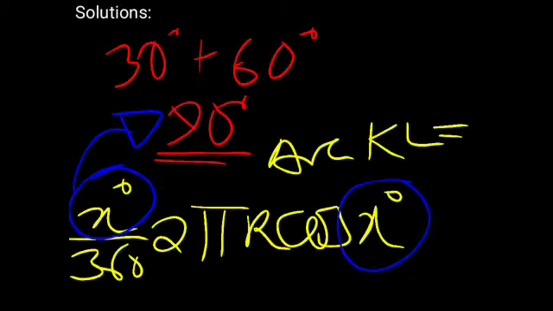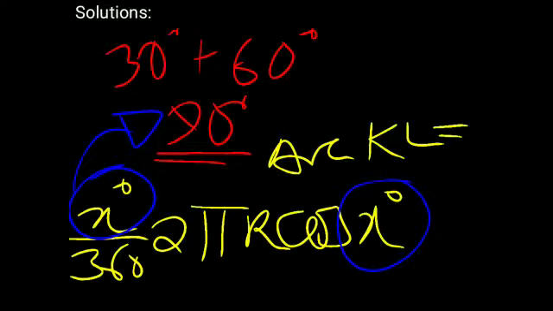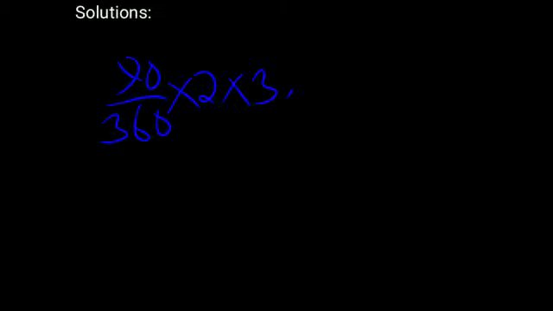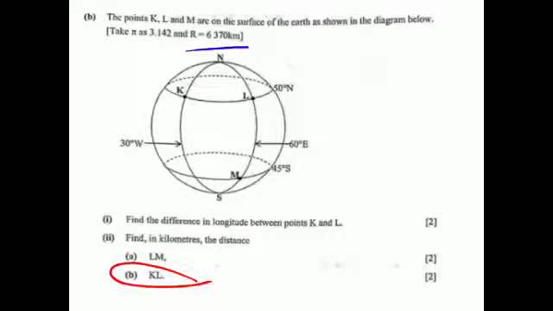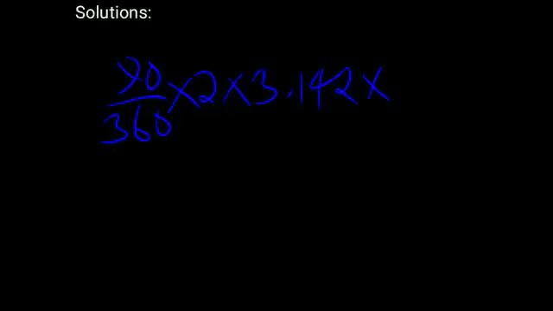So let's do the replacements. We are going to start with the x here, x degrees over 360, that is going to be 90 over 360, times 2 times 3.142 times, in kilometers, sorry, not nautical miles, in kilometers, which is 6,370.